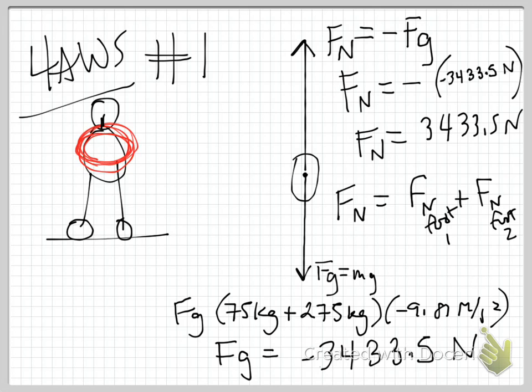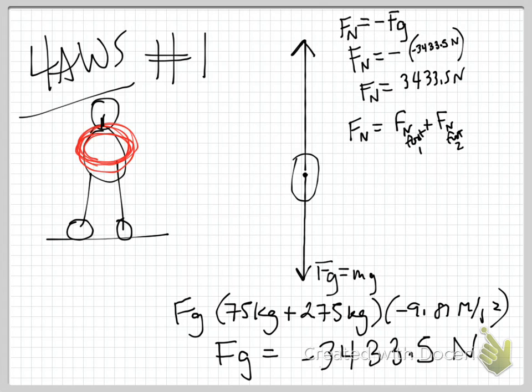We know that the normal force on foot 1 and foot 2 are equal. So the normal force is equal to the normal force on foot 1 times 2, because those are equal forces on each of the feet.